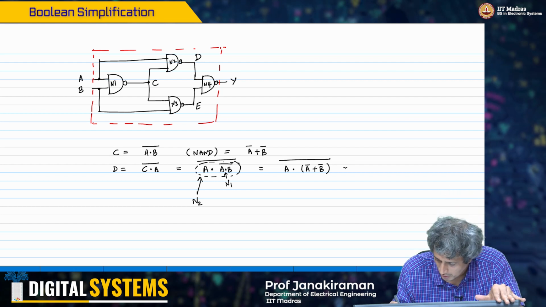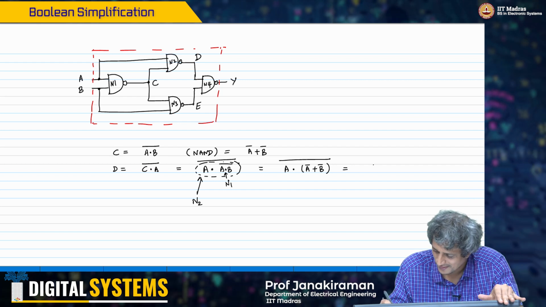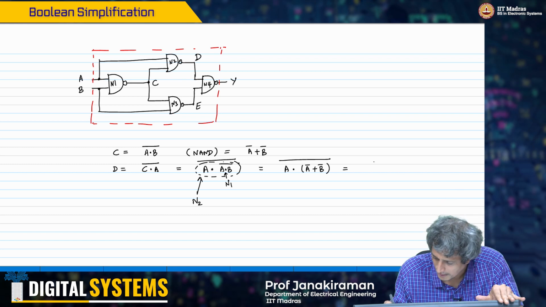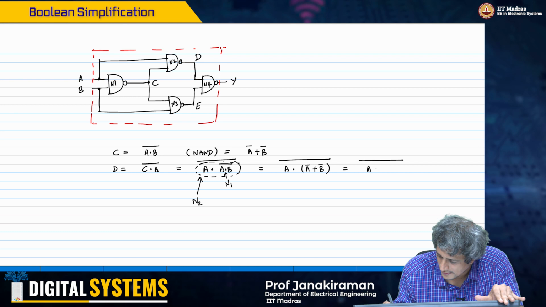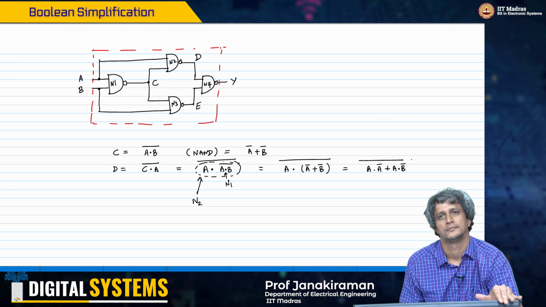Okay, so I will further simplify this. I expand this bracket here, right? I will write this as A and A bar plus A and B bar.